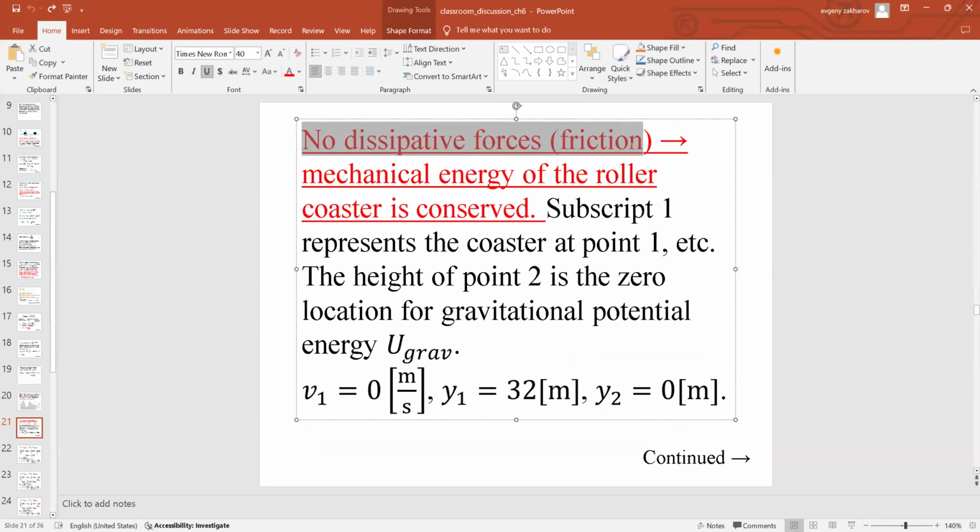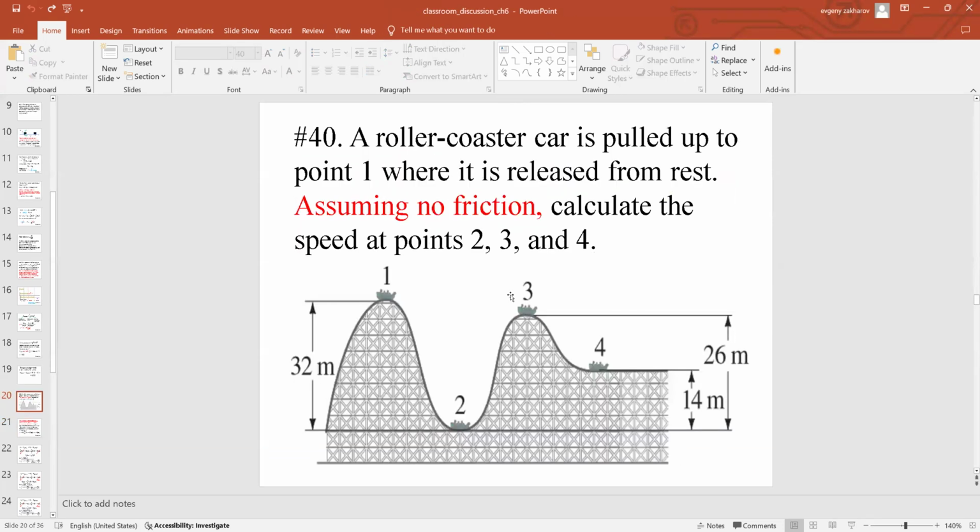So no friction means mechanical energy is conserved. So your total mechanical energy at point 1 is the same as total mechanical energy at point 2, is the same as total mechanical energy at point 3, and is the same as total mechanical energy at point 4.